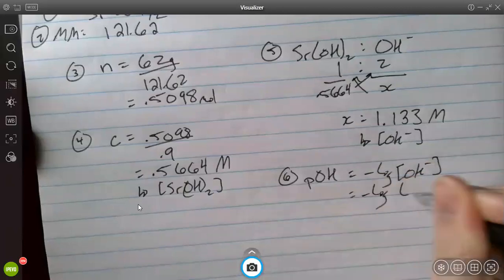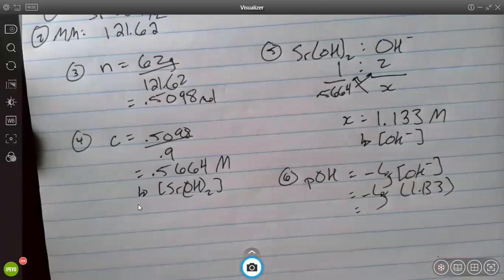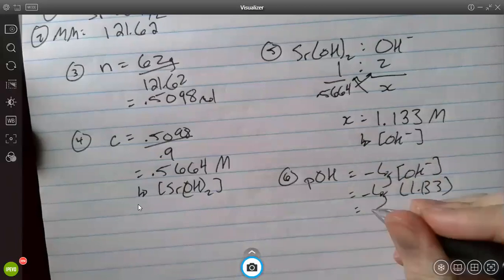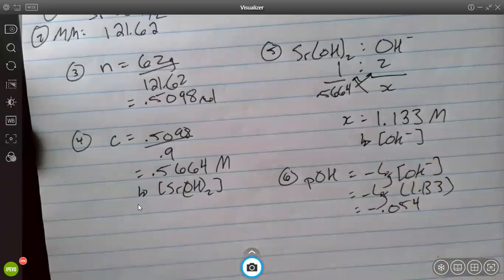So I will plug in the number I just found. And I get negative 0.054 as my pOH.